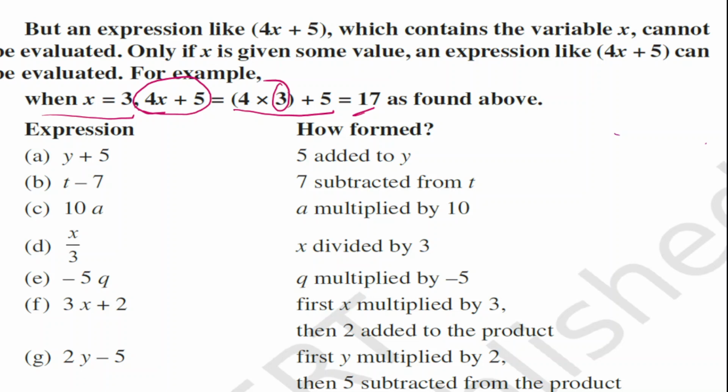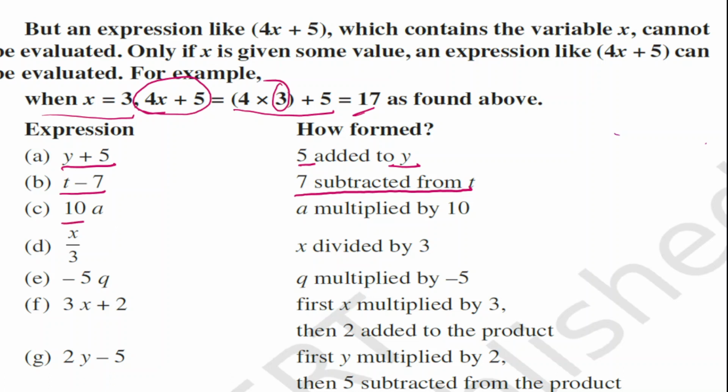And here are some expressions. Let's see how expressions are formed. Here y plus 5 is formed by adding 5 to the variable y. And t minus 7 is formed by subtracting 7 from the variable t.